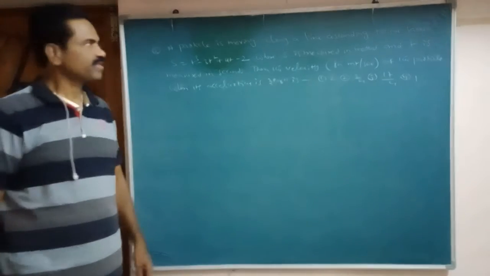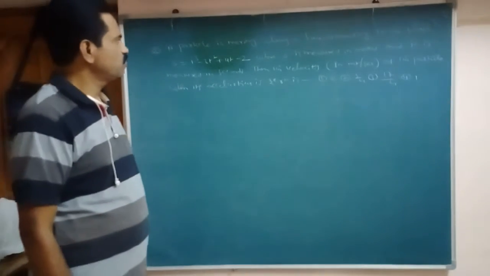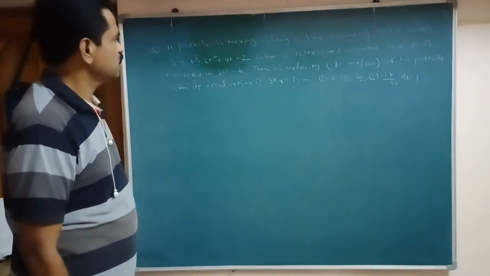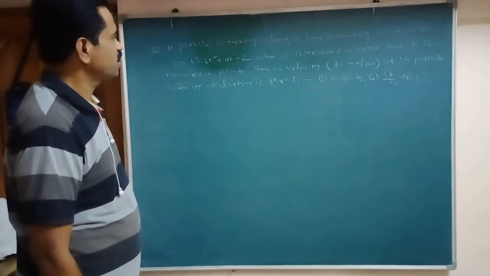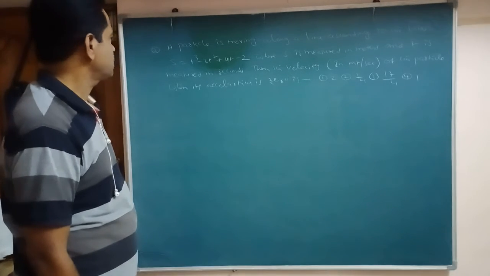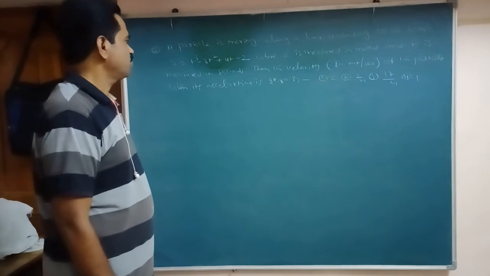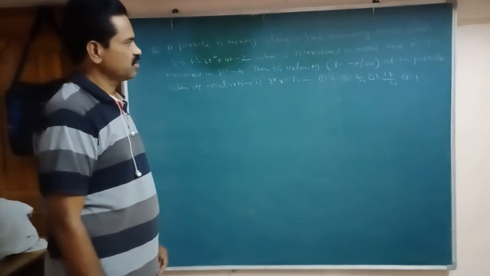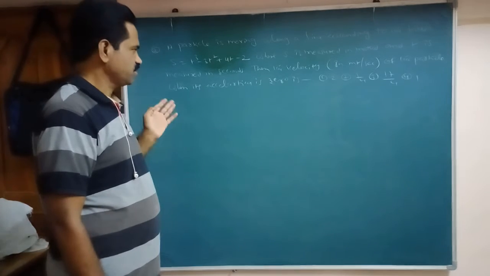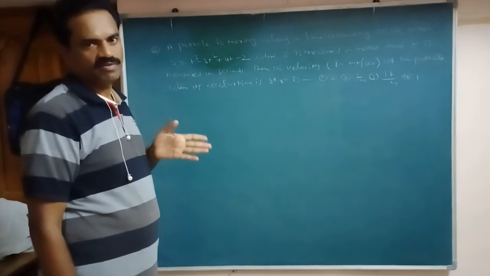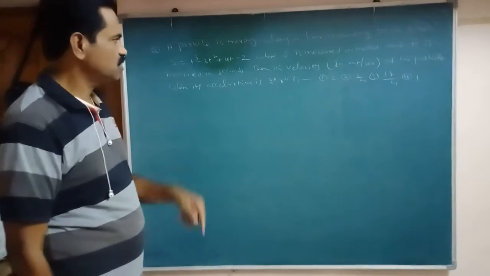See, a particle is moving along a line according to the law s given, where s is measured in meters and t is measured in seconds. Then the velocity of the particle when the acceleration is 0. Find ds by dt, then dv by dt, and equal to 0, then you will get the t value.